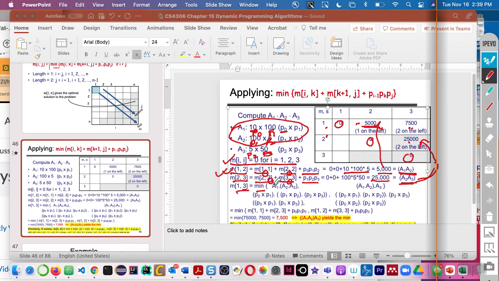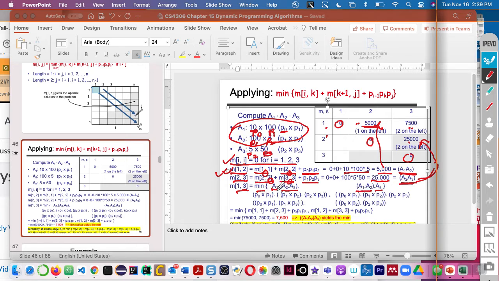So what we are doing, we can take 2 ways, right? We can select A1 and multiply A2 and A3, and then multiply that result by A1, or we can multiply A1 and A2 first and then multiply the result by A3.